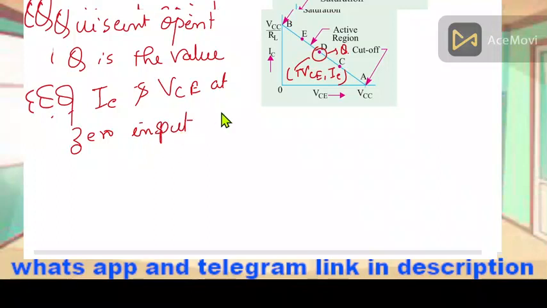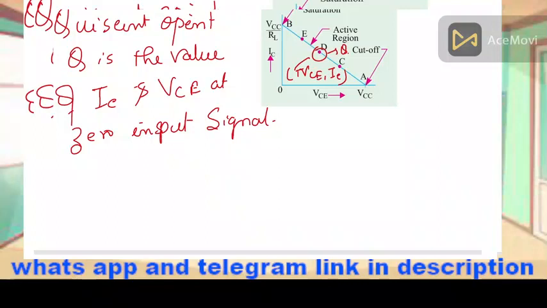Input signal means input voltage or current. This is the quiescent point. So it is a particular point with two coordinates, abscissa is VCE and ordinate is IC. So this is the definition. It is also called the DC operating point or the working point.